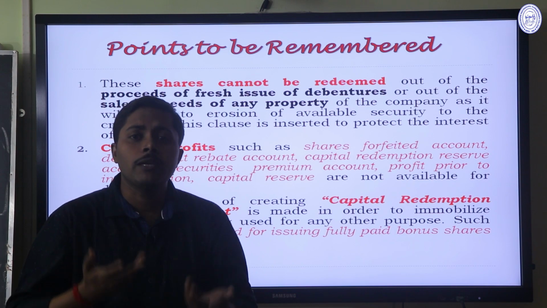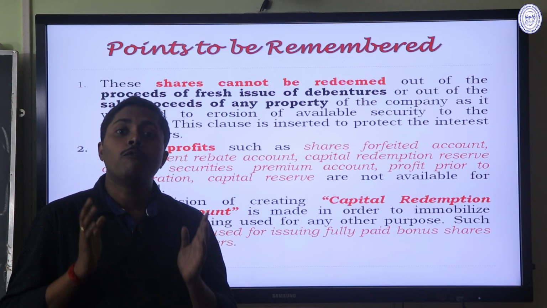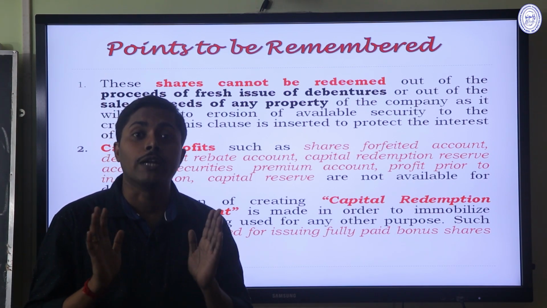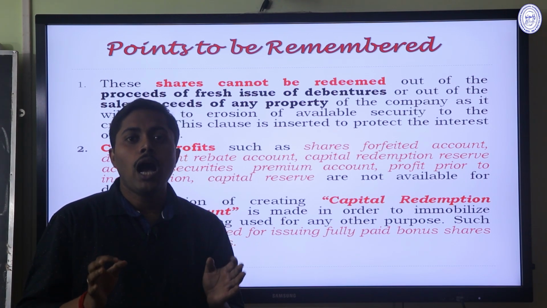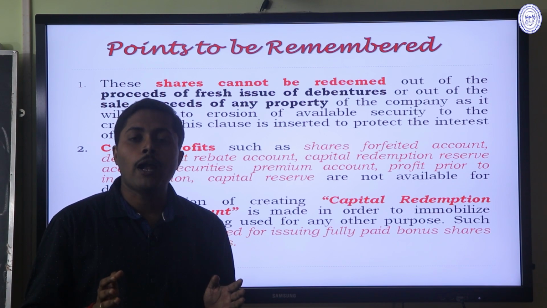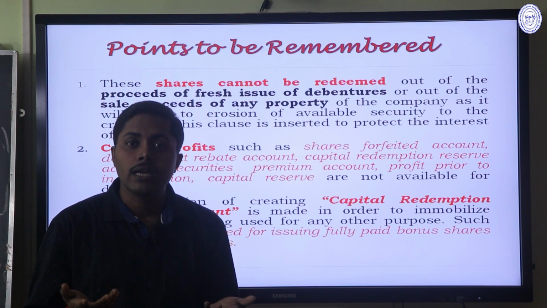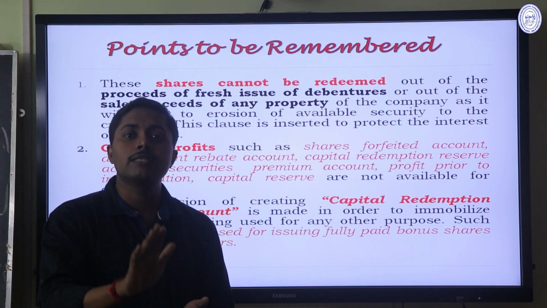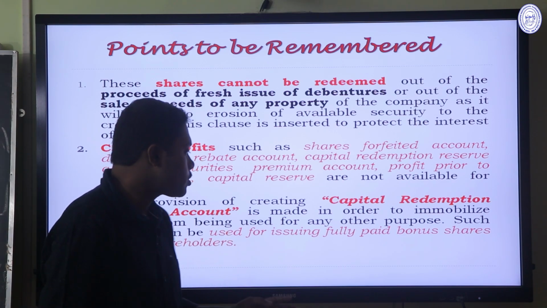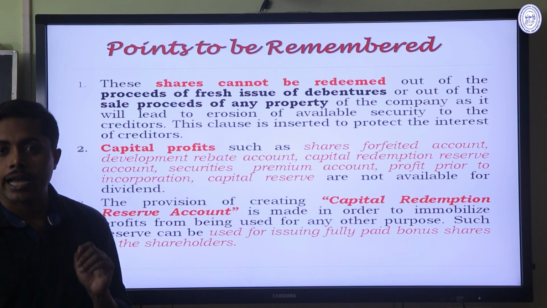Now what does it actually mean by free? Free means free for distribution of dividend. If any reserves are retained for the purpose of distribution of dividend, they will be known as free reserves. So this free reserve can be used for the purpose of creating the CRR account.